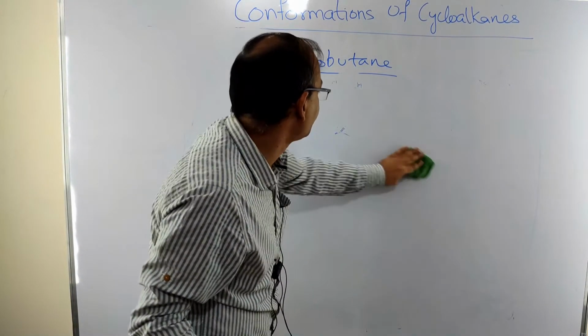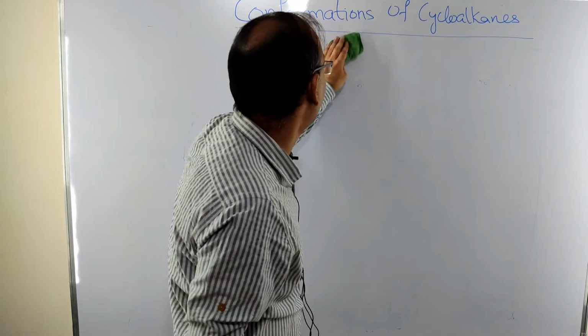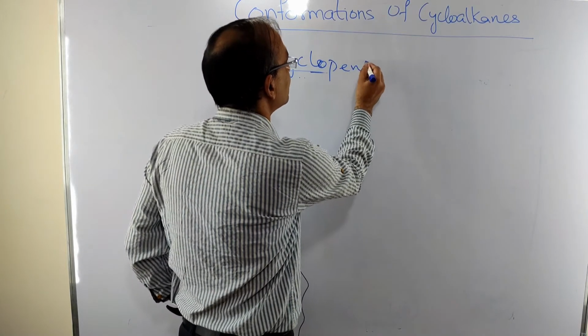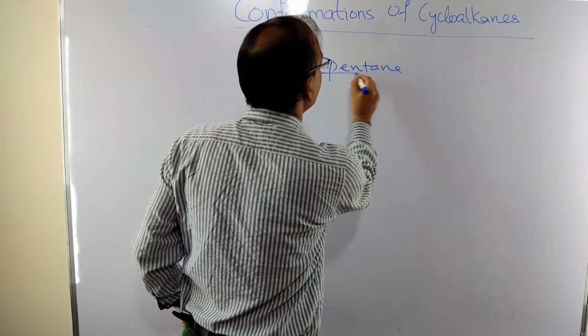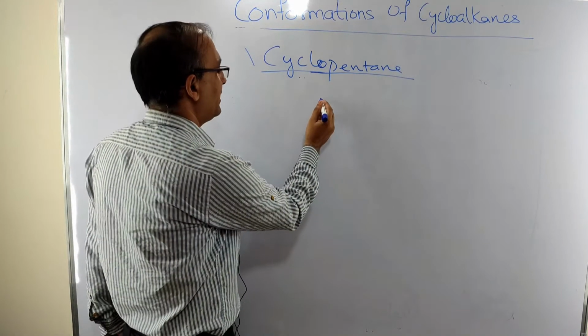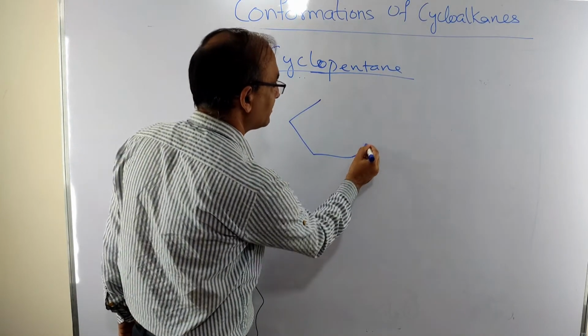Last we'll come to cyclopentane. So cyclopentane, we can think of 5-membered ring like this.